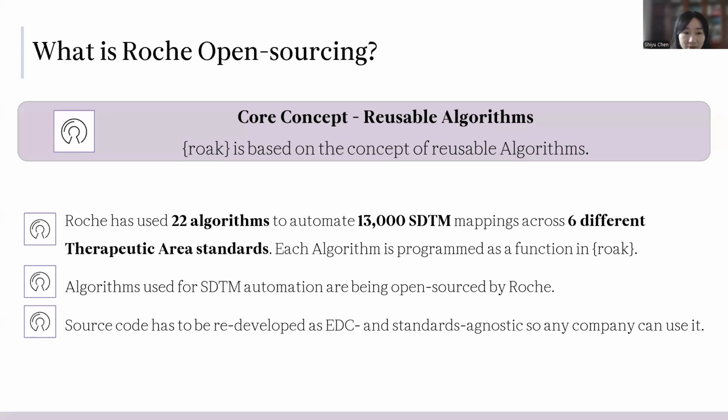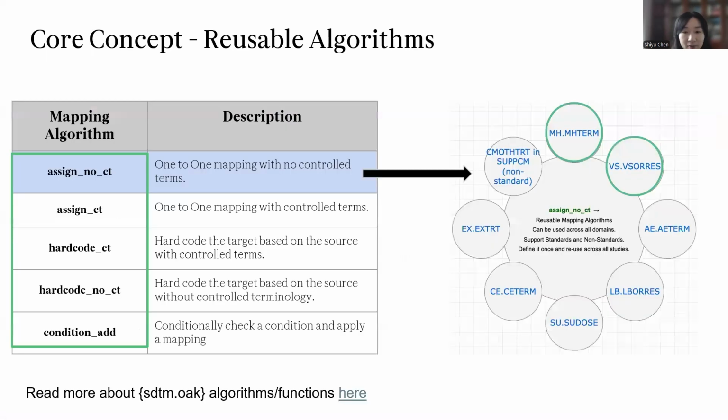Roche has developed 22 algorithms to automate 13,000 sdtm mappings across 6 different therapeutic areas, and each algorithm is programmed as an R function in our oak. So we have taken these functions and seen what could be applicable to the open source world, and then we reprogrammed these functions to make them EDC and standards agnostic so that any company can use them.